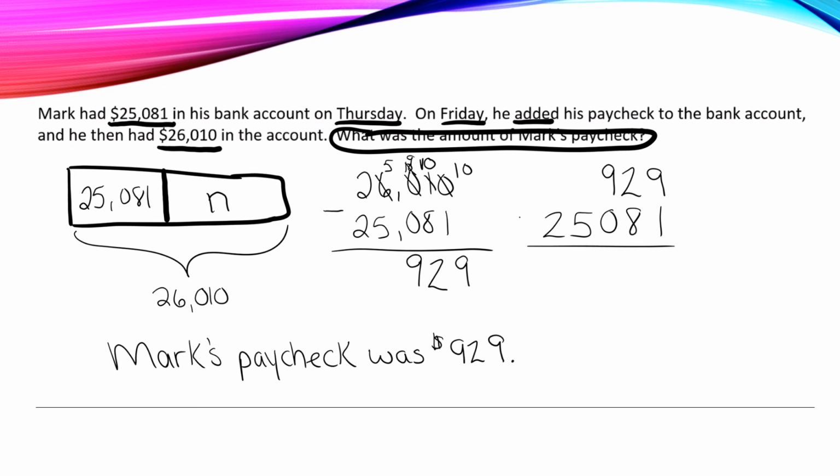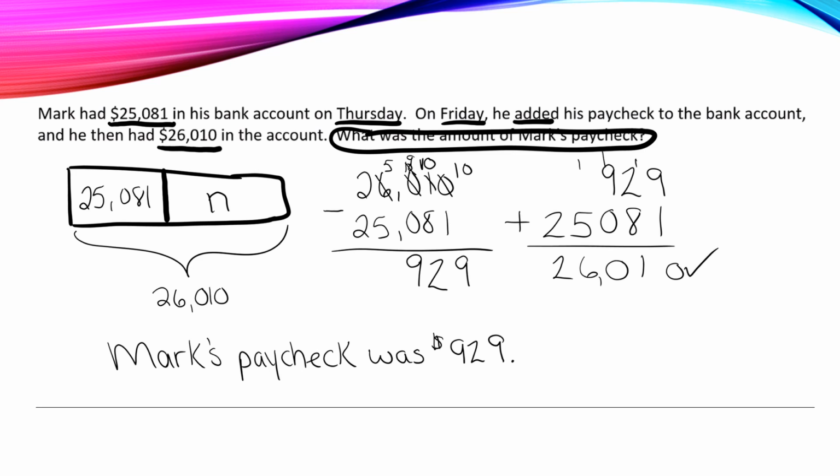So if before I was subtracting, now I'm going to add. 9 plus 1 is 10. 1 plus 2 is 3, plus 8 is 11. 1 plus 9 is 10. 1 plus 5 is 6. And 2 drops down. My goal is for my bottom number in my check to match the top number in my original equation, and they do.